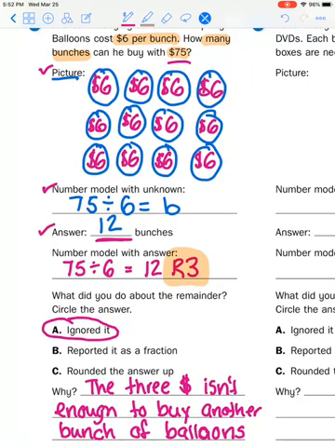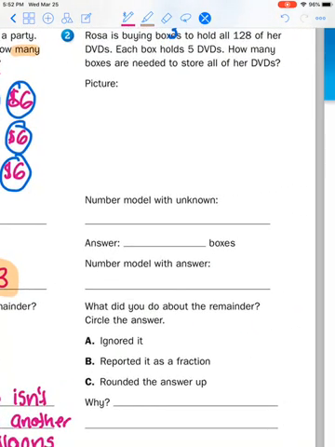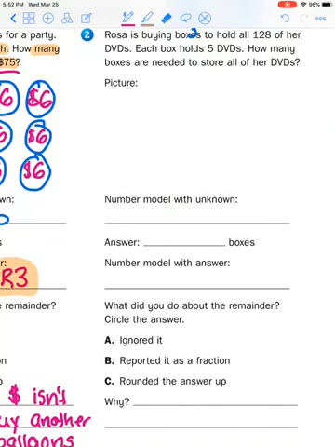Okay, let's look at number 2. Rosa is buying boxes to hold 128 of her DVDs. Each box holds 5 DVDs. How many boxes are needed to store all of her DVDs?